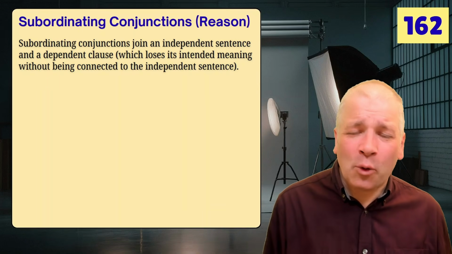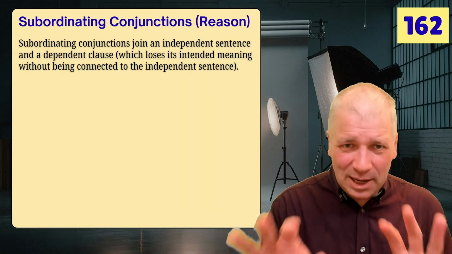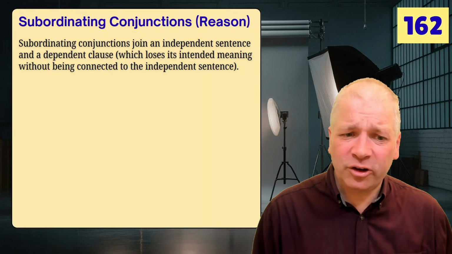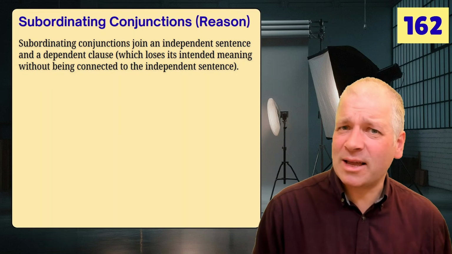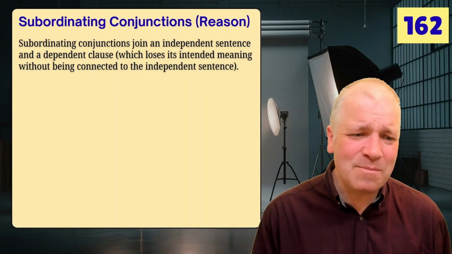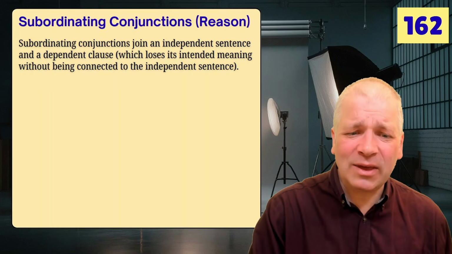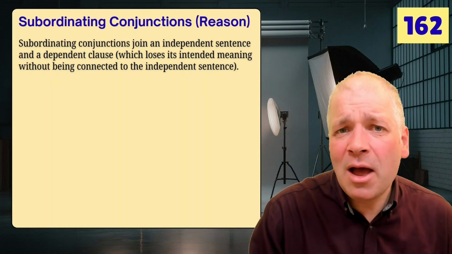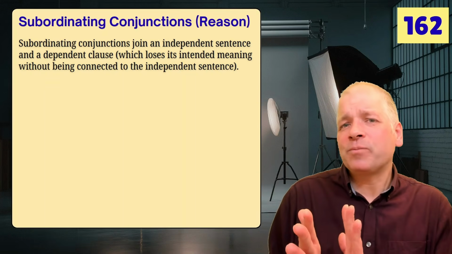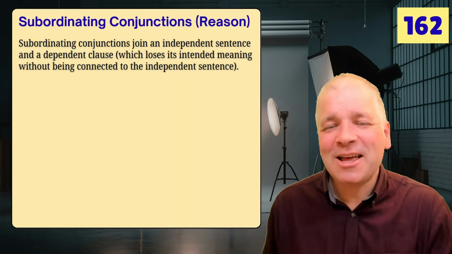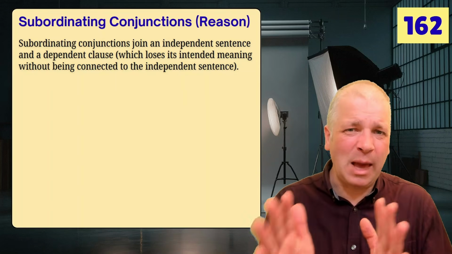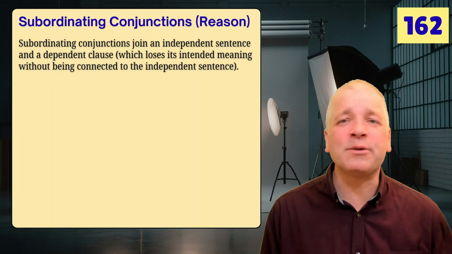Now let's look at subordinating conjunctions, and this goes into a lot more detail. So first of all, subordinating conjunctions of reason. Now let's quickly explain what a subordinating conjunction is. A subordinating conjunction joins an independent sentence and a dependent clause, which loses its intended meaning without being connected to the independent sentence. So if I say, you will learn all English grammar unless you finish this video early, then unless you finish this video early is a dependent clause, because if you separate it from the first sentence, it loses its meaning.